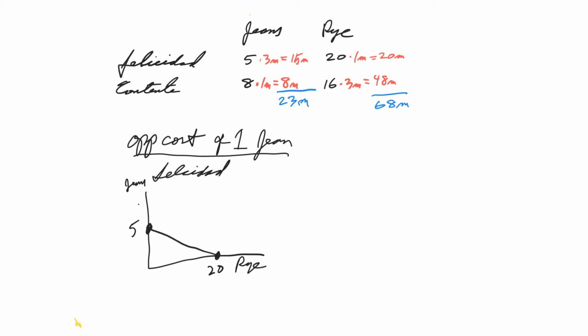So, one jean, well, let's see. We want to know the opportunity cost of one jean. So we want the jeans to be in the denominator. So change in rye over change in jeans.